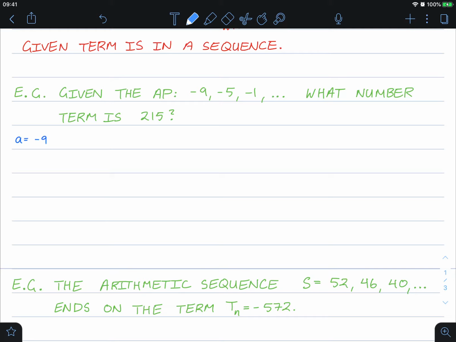We know that to be -9. Our common difference, if you just do -5 take away -9, should be +4. And this will give us t of n equals -9 plus 4(n minus 1).